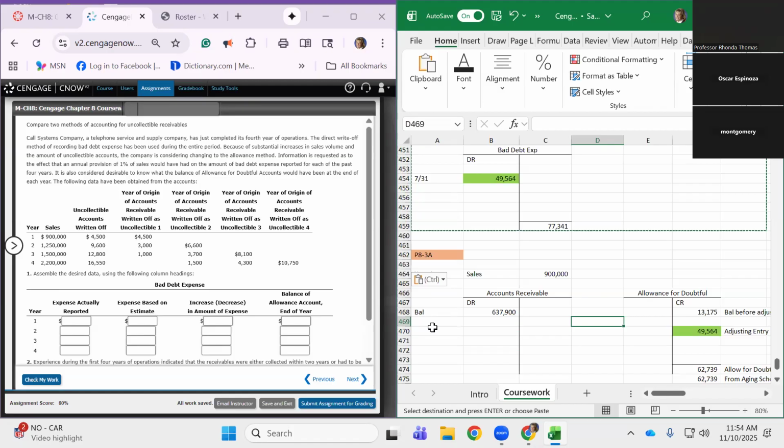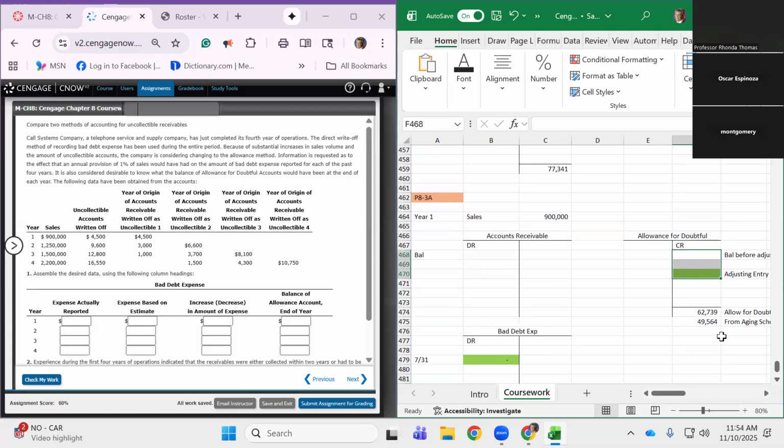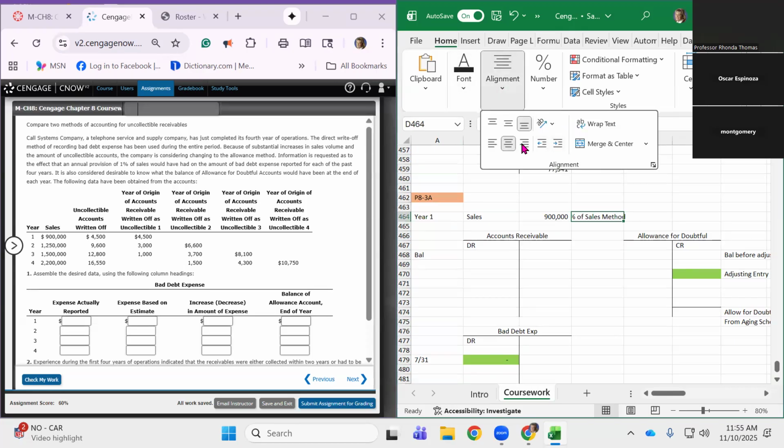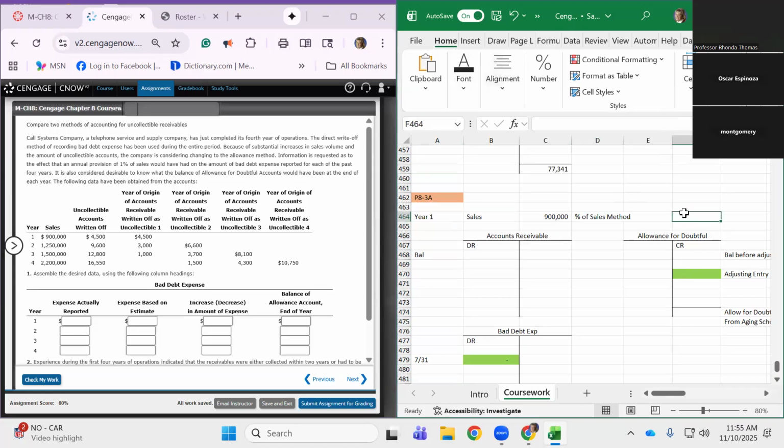Okay. So that matched. Let me see here. Maybe they have, I don't know. Let me just recreate this. Okay, so they use percent of sales method. So when they did so, here is bad debt expense for year one.